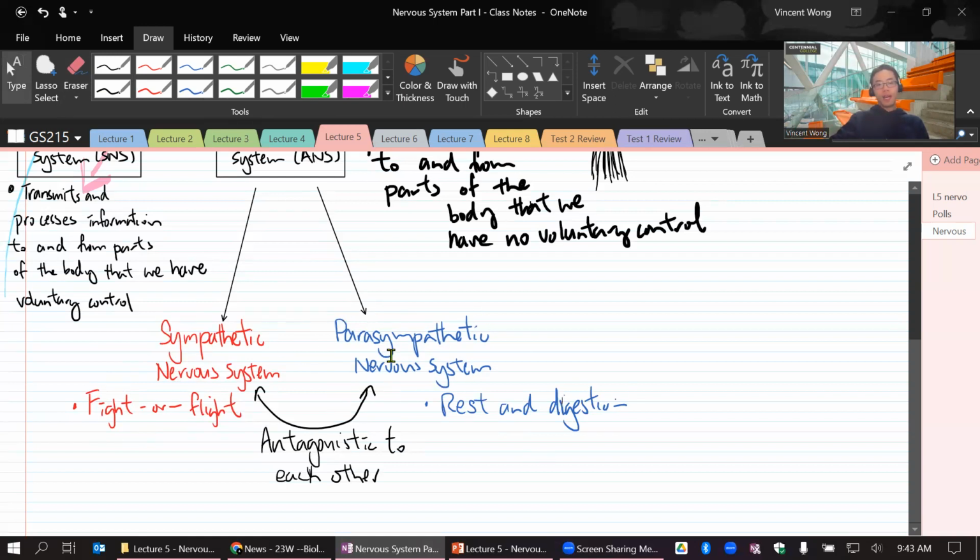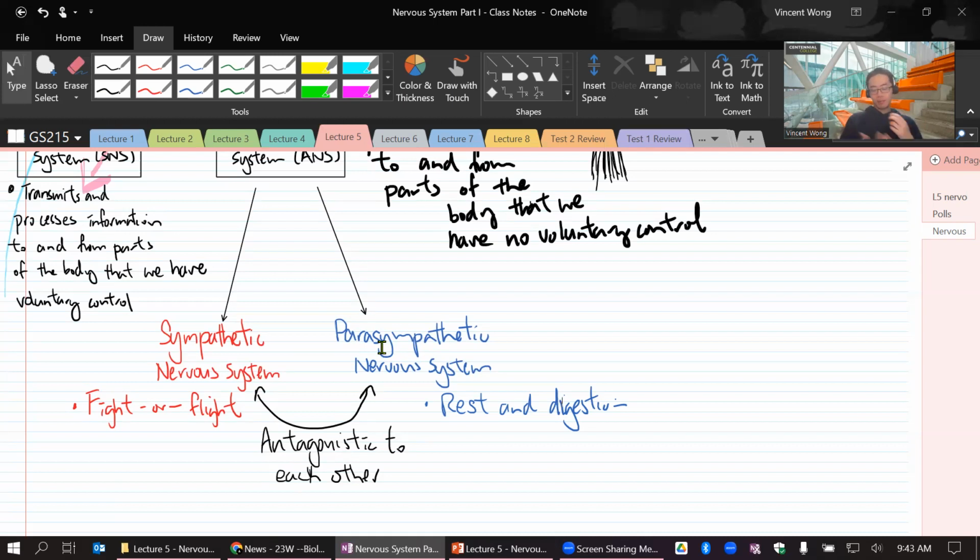So both of them are going to have the same effector. They both target the heart. One will cause it to go faster, one will cause it to go slower. And they always go against each other. Depending on which one is stronger, your heart rate will either go up or go down. It's never exclusively one form or the other.